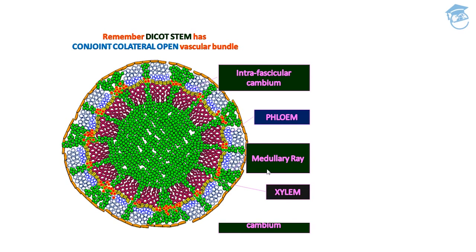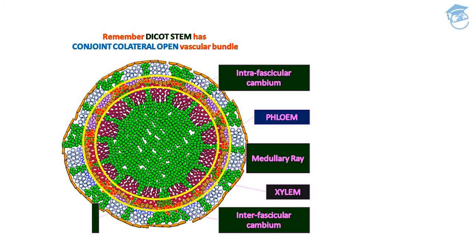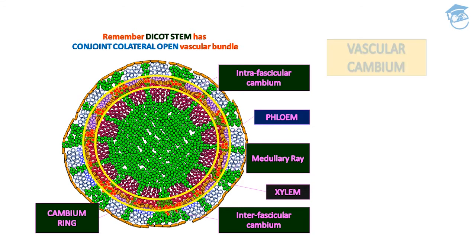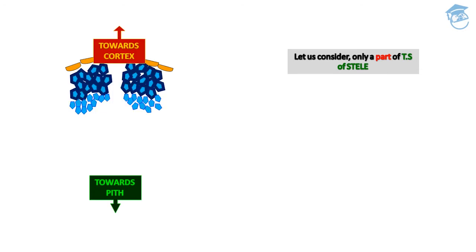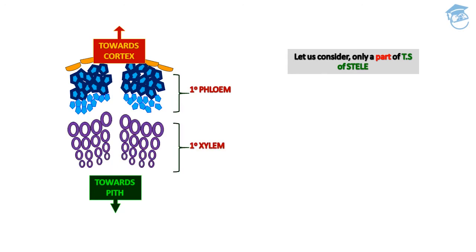And this is interfascicular cambium, and this is the cambium ring. So this is vascular cambium. Let us consider only a part of a transverse section of the stele. See, this is towards the cortex. This is primary phloem. This is primary xylem. It has protoxylem and metaxylem.